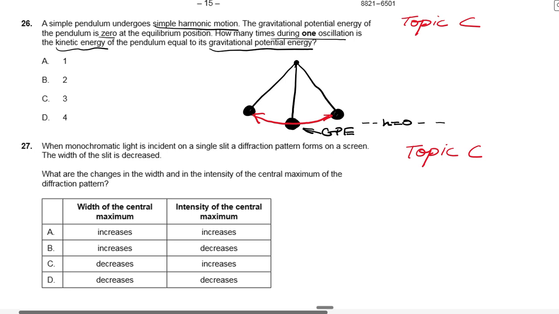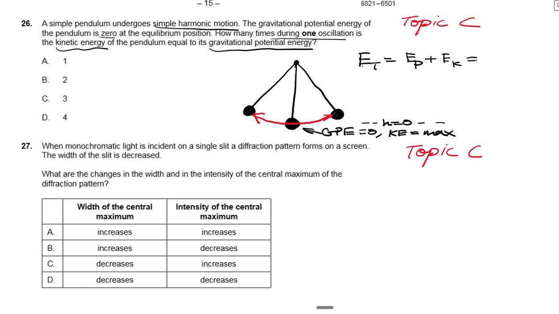This point. And so GPE is equal to 0. And now that means our KE is at its maximum, right? And the total energy, E total, is equal to potential energy plus kinetic energy, which is constant. Our total should be constant.